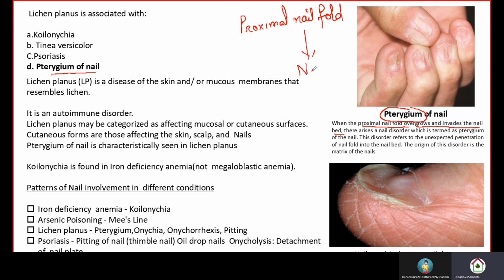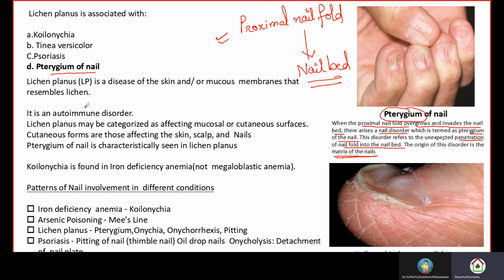There arises a nail disorder termed pterygium of nail. This refers to the unexpected penetration of nail fold into nail bed. The origin of this disorder is the matrix of the nail.